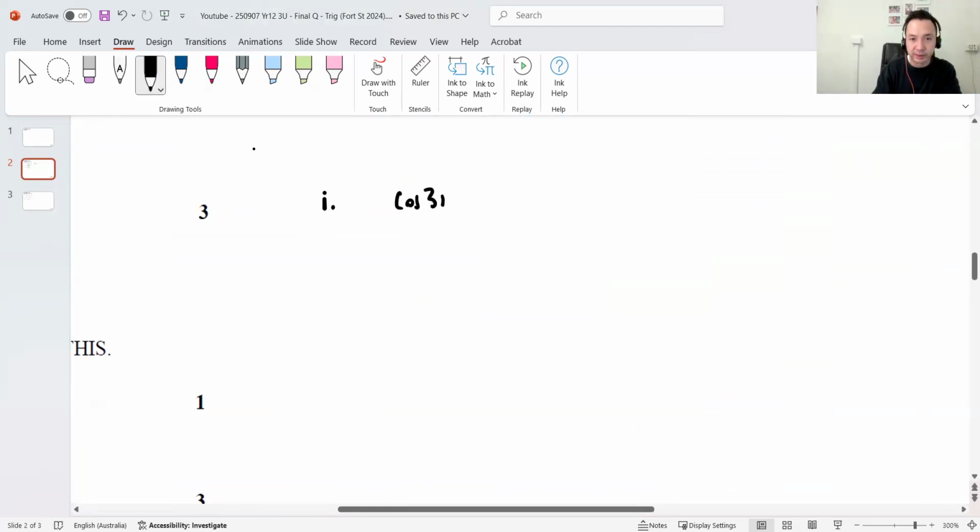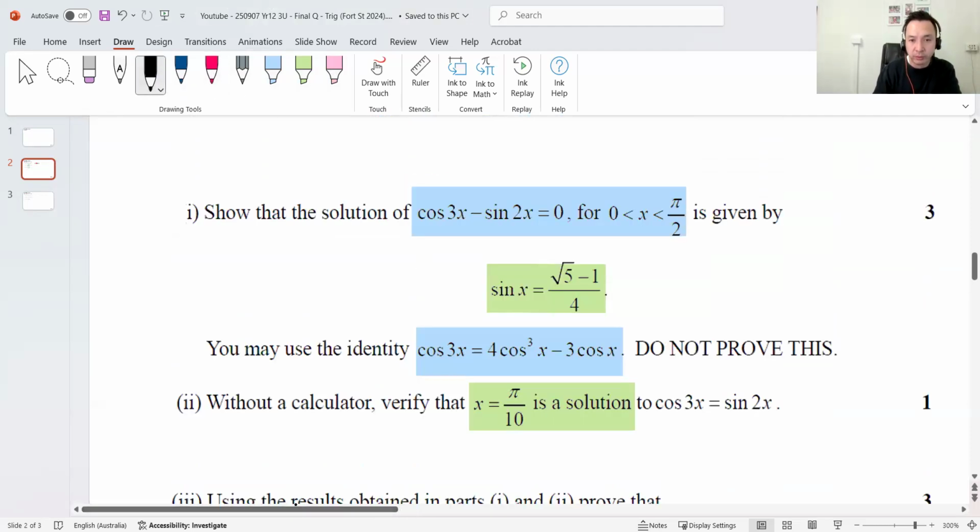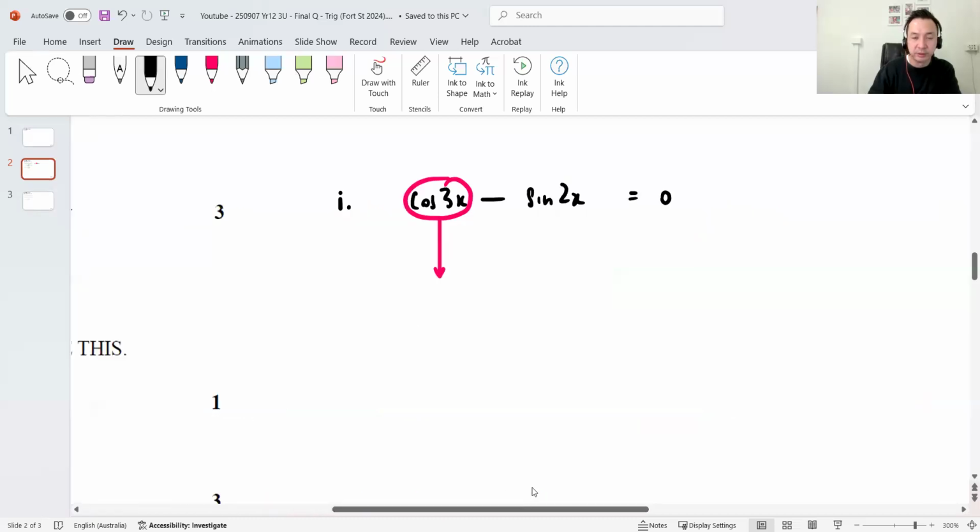was cos 3x minus sine 2x equals 0. Right? Okay. Now they're telling me to replace this with 4 cos cubed, 3 cos, okay.